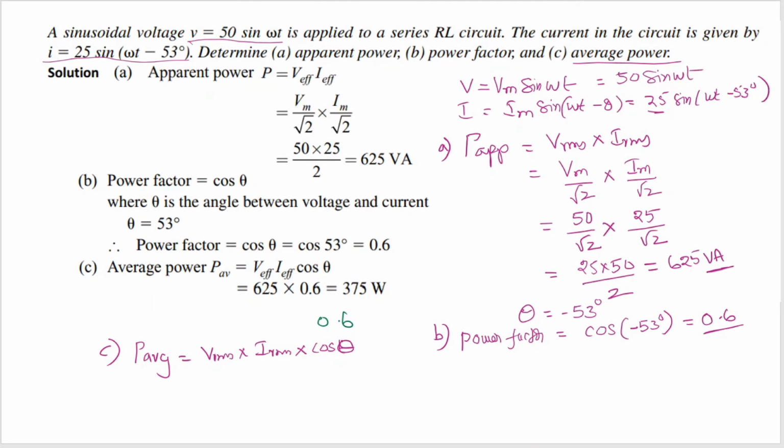So P average is equal to Vrms, which is 50 by root 2, into Irms, which is 25 by root 2, into cos theta, which is 0.6. So you tell me the answer. 375 watts, sir. Yeah, 375 watts.